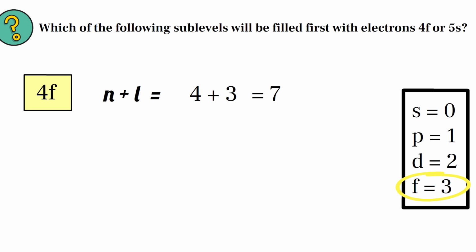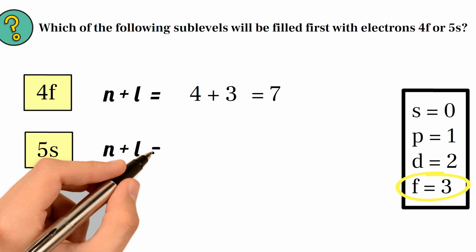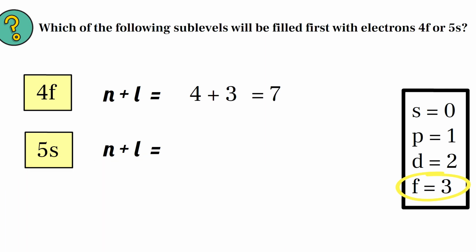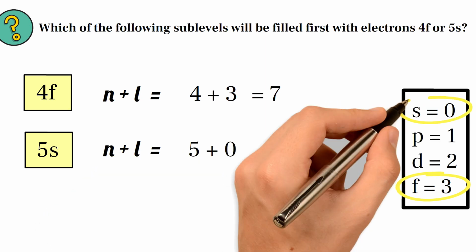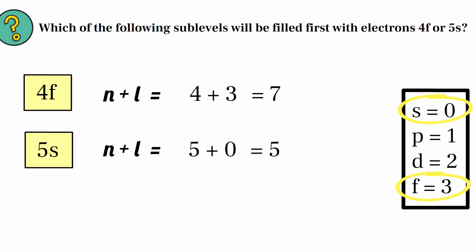While the energy of the 5s sublevel is equal to 5 plus 0, and it equals 5. So as we can see, the energy of the 4f sublevel is higher than the 5s. This means that we will fill the electrons first in the orbitals of the 5s sublevel, then 4f, which means from the lowest energy to the highest.